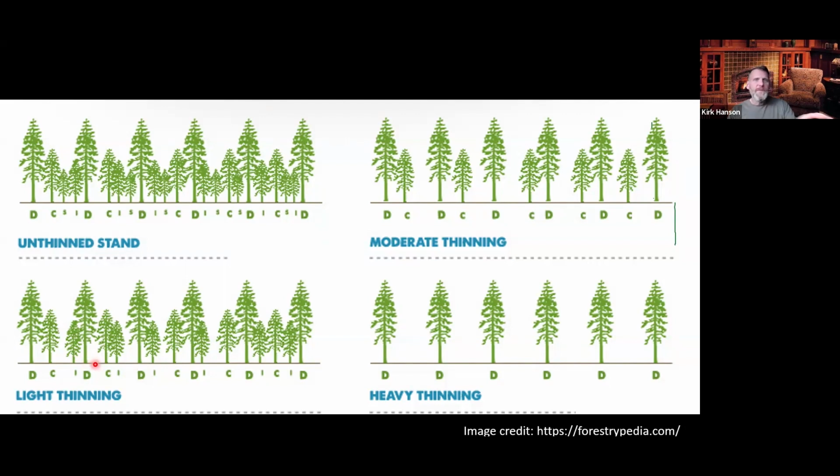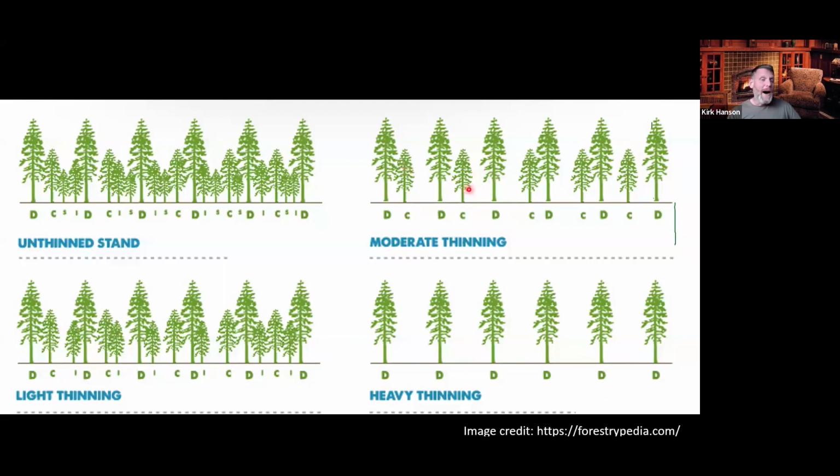And you might leave some of those understory trees if they still have more than 40% live crown, or if they happen to occupy a gap in the canopy. That way you get some structural diversity in that stand, and you're not just pushing it towards a very homogeneous canopy composition.